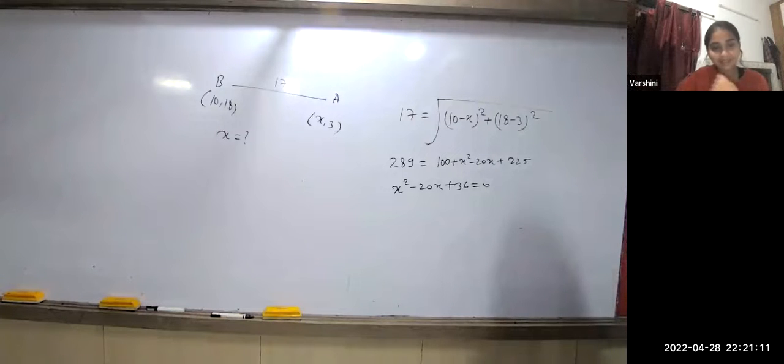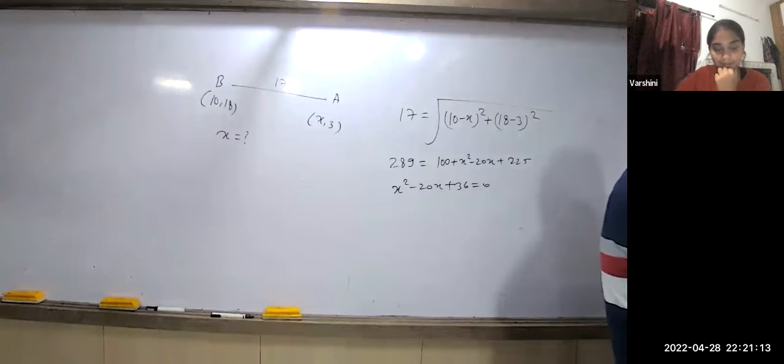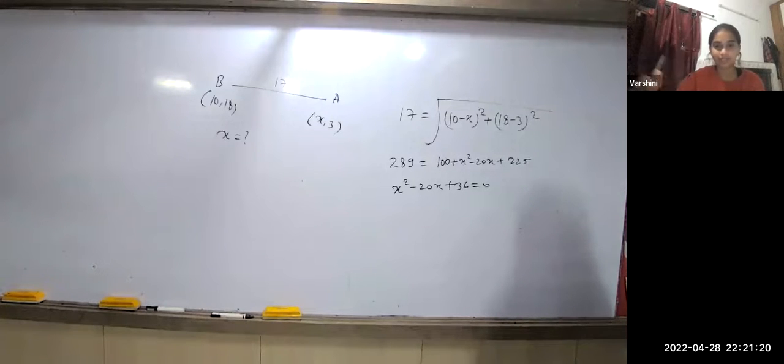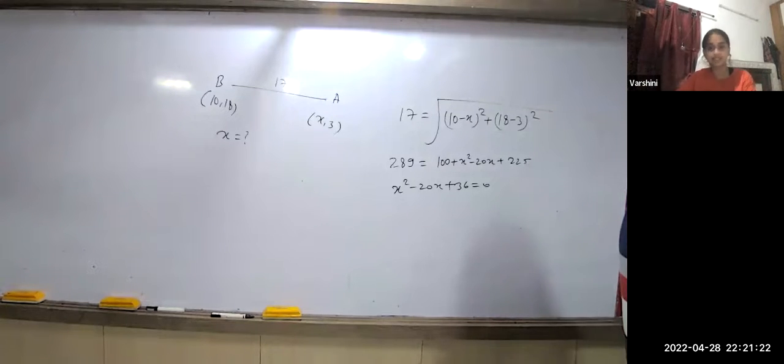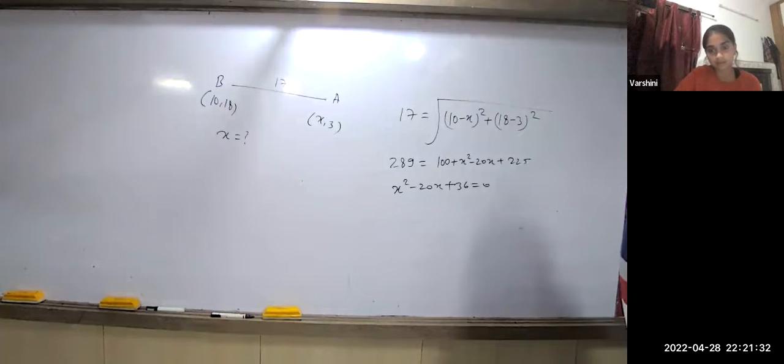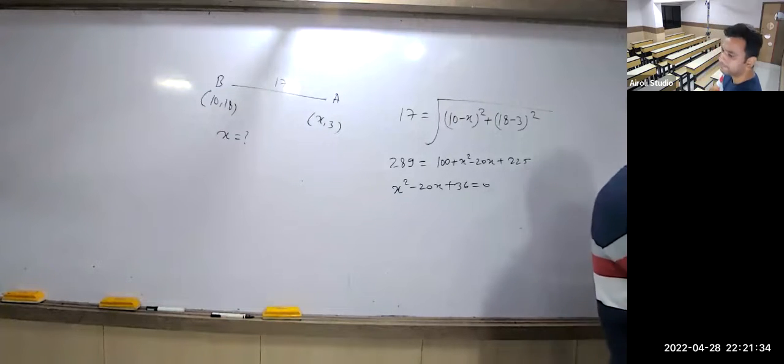Is there any other method, like the splitting the middle term factorization method? Yeah, but then I should use the a plus b into a plus b formula, right? Yeah, in that case, you get two linear equations, and you have to solve that. Then only you will get, na? Yeah, sir. Better to use splitting the middle term, na?